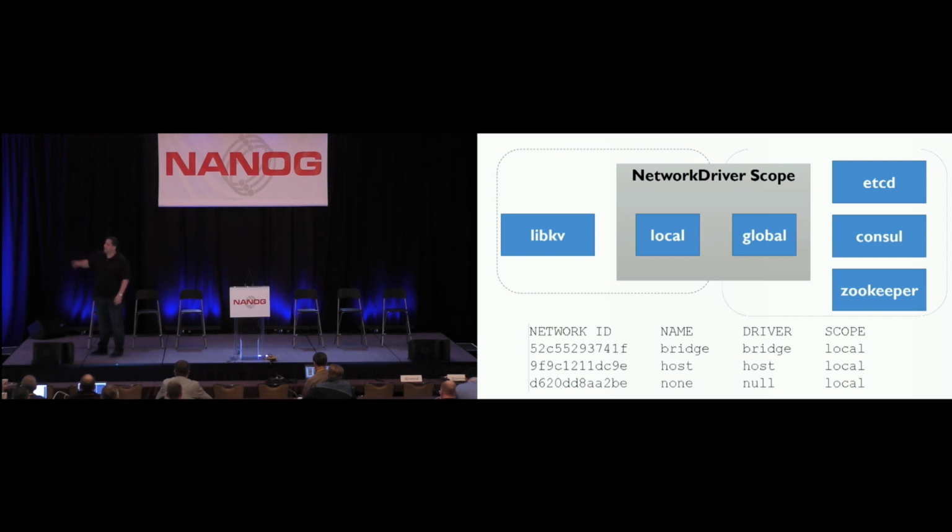Now, libkv is not a key value store. libkv is a library that Docker developed to interact with key value store. So it's better to say that the store on the left is actually BoltDB, but libkv is the mechanism that allows the Docker engine to interact with key value stores, whether local or remote.